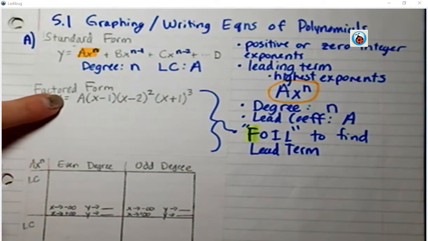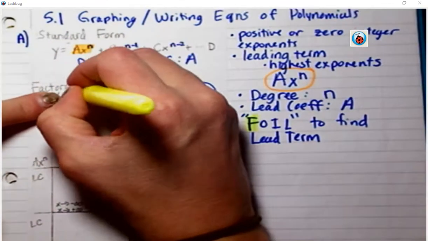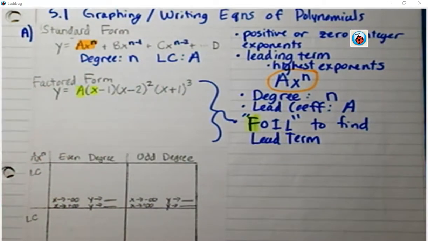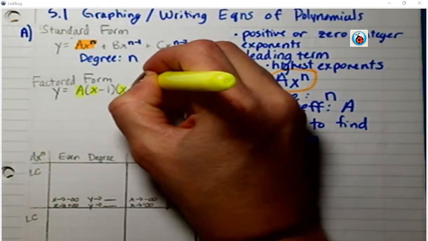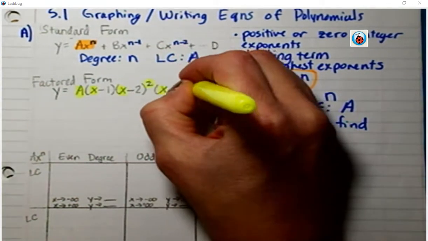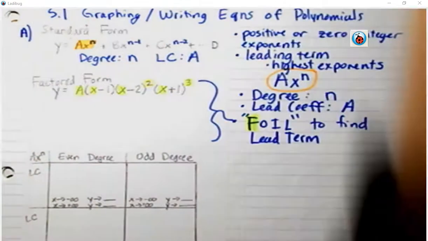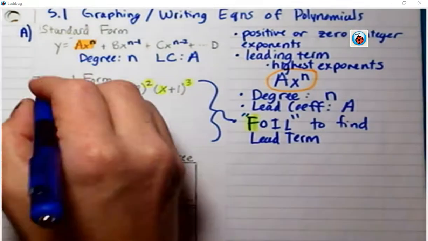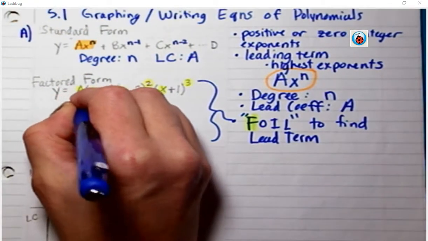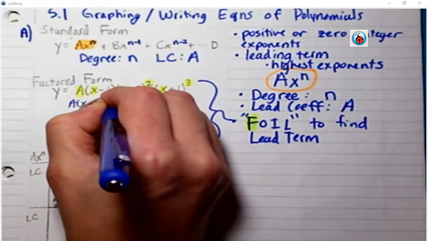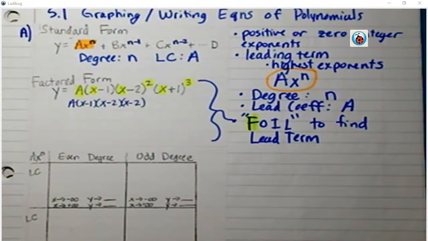So I'm going to highlight the things that are important. Obviously, the number. That's part of it. And the x's, because that's what I want to multiply. Oh, see those extra exponents? Those are going to change something. Squared means write it twice.